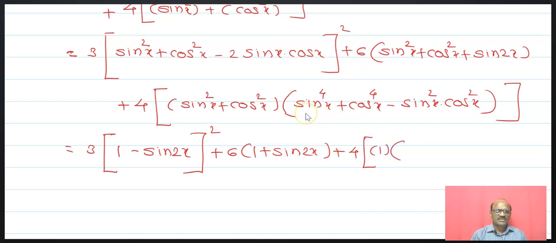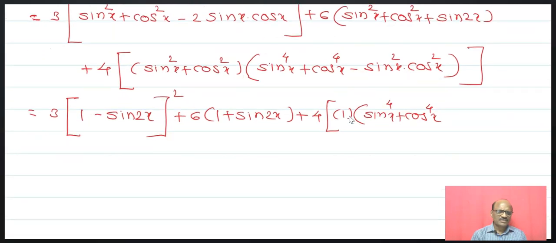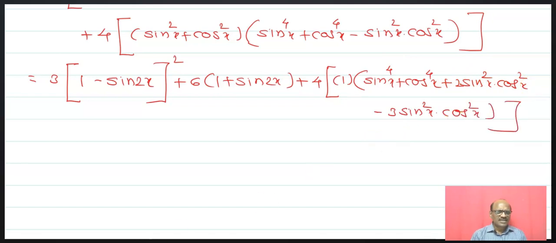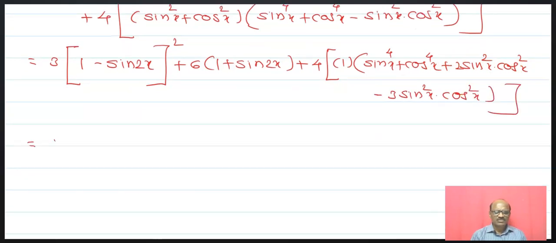Now see this here, sin raised to 4 plus cos raised to 4. Now we can write it in the form of a perfect square, that is sin raised to 4 plus cos raised to 4 plus 2 times sin square x into cos square x minus 3 times sin square x into cos square x.